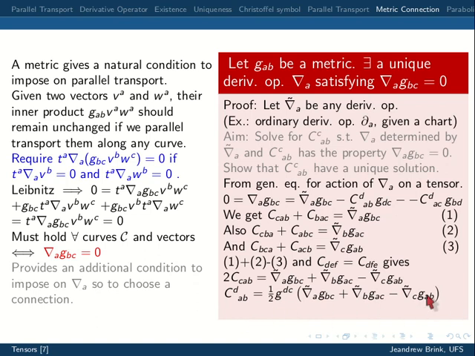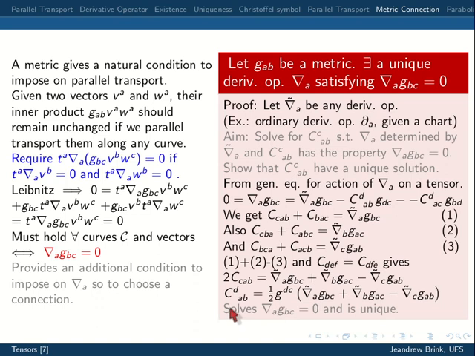You then get a giant combination and you work out the inverse of the metric, and then you can get every single one of these components simply by taking the derivatives of the metric. Okay, and so this solves the fact that this thing equals 0 and it's unique.